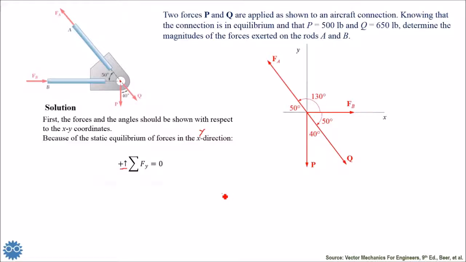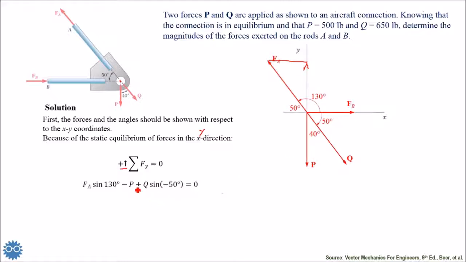Now let's start with the Fy, or the y components. So here we have FA sine 130, which gives the y component of the FA, minus P. Actually, P here we can directly take.